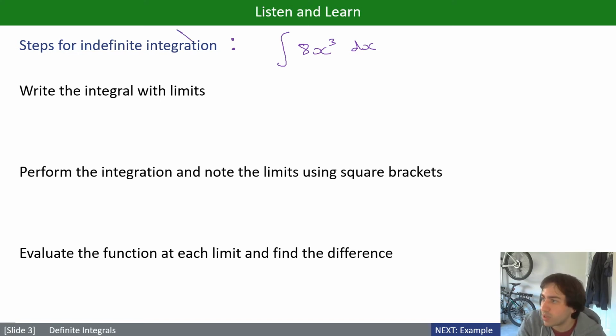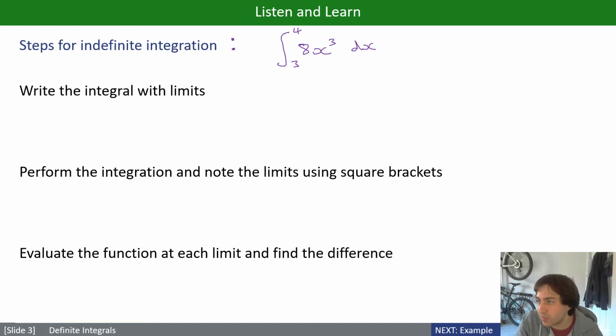They can be whatever we like. Let's pick, for example, 3 and 4. Okay, so this is a definite integral, and let's learn how to calculate this. How do we get the final answer, which is going to be a number?